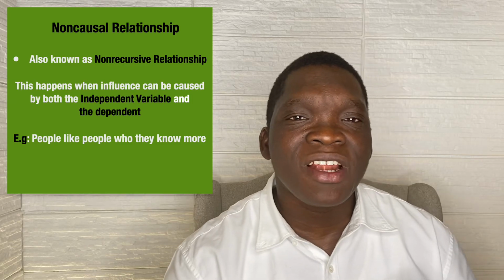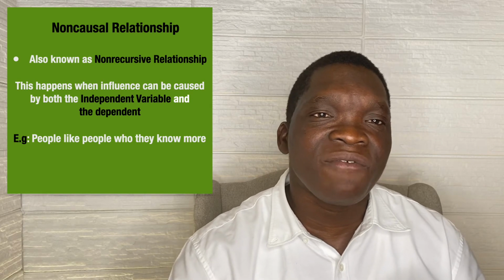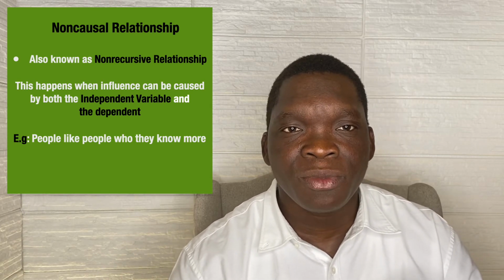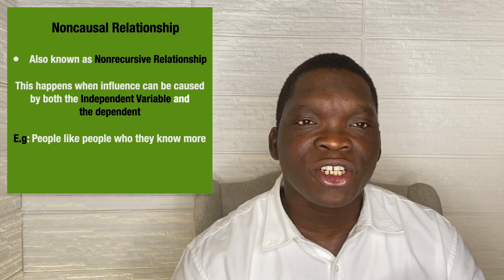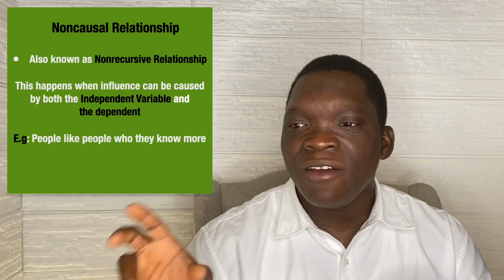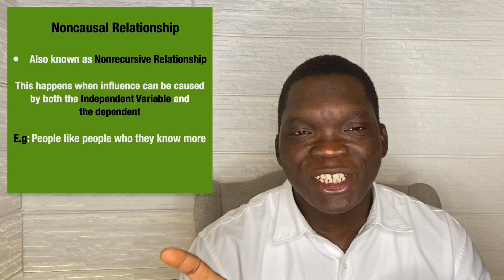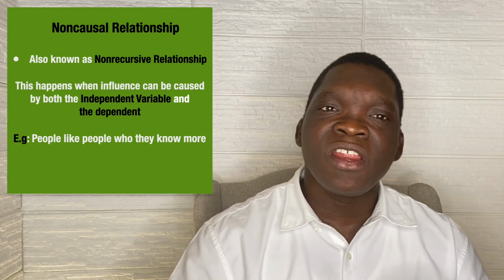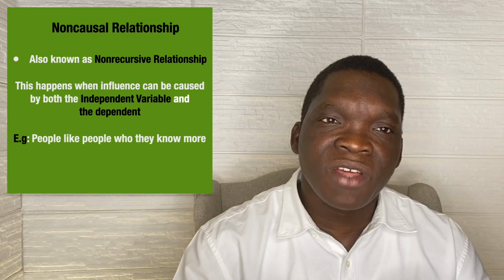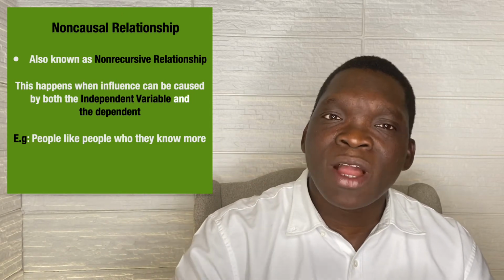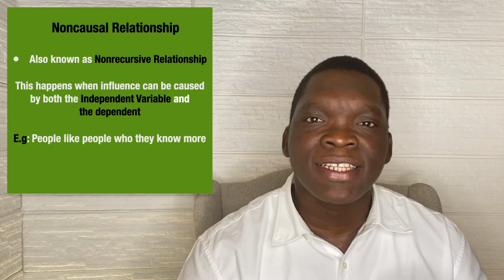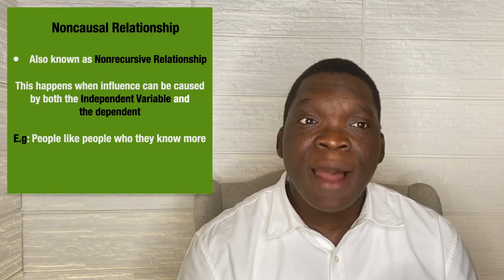The second type of relationship that can happen between independent variable and dependent variable is the non-causal relationship. When we say non-causal relationship, it means that the framework or the relationship is non-recursive. That is, as independent variable is influencing the dependent variable, the dependent variable can also influence the independent variable. Or we can say the relationship can happen at the same time.